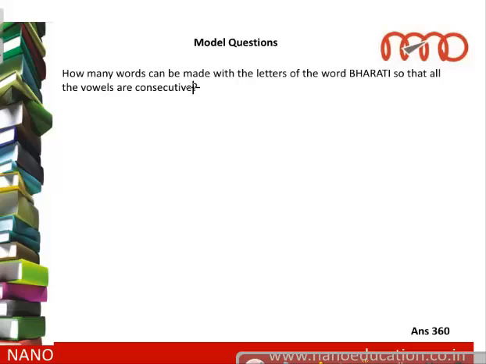How many words can be made with the letters of the word Bharati so that all vowels are consecutive? All vowels are consecutive. What all vowels are there? A, A and I. We have 3 vowels here, and B, H, R, T are the 4 consonants.